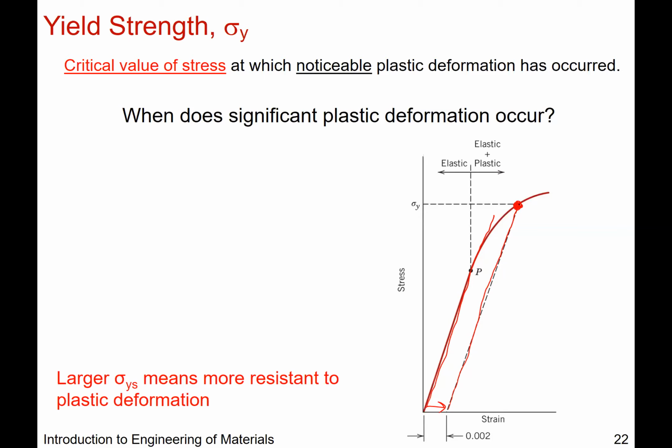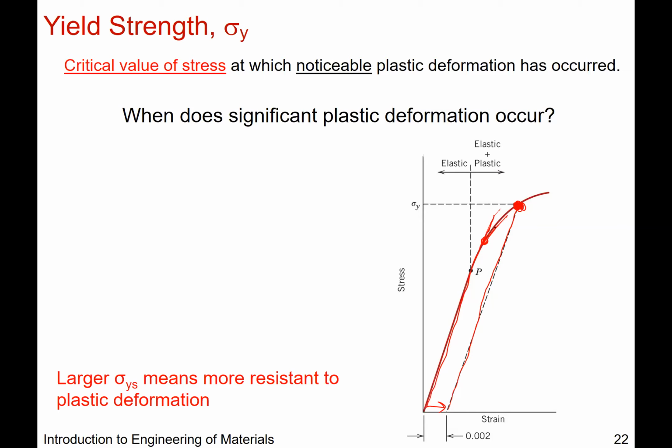Now, atomically, what has happened is before you even get to the yield strength, before you even get to this point right here, realistically, what's happening in your material is that the atoms are starting to shift already, right? So say here, you already see deviations from linearity. So why wouldn't the yield strength be right there, right?